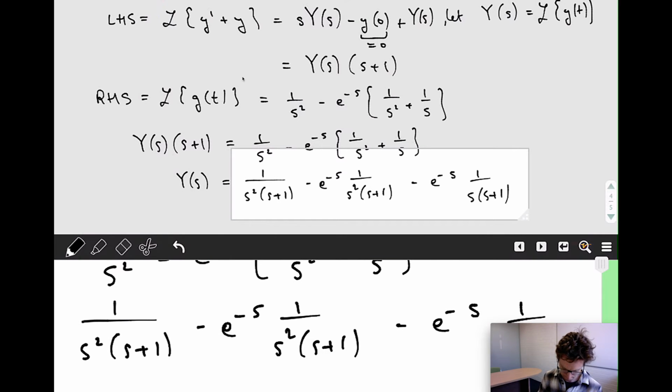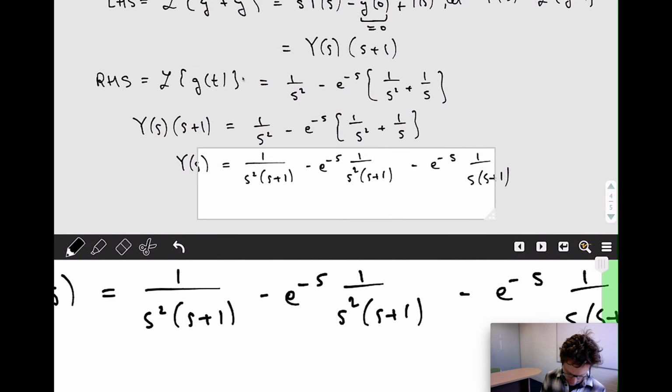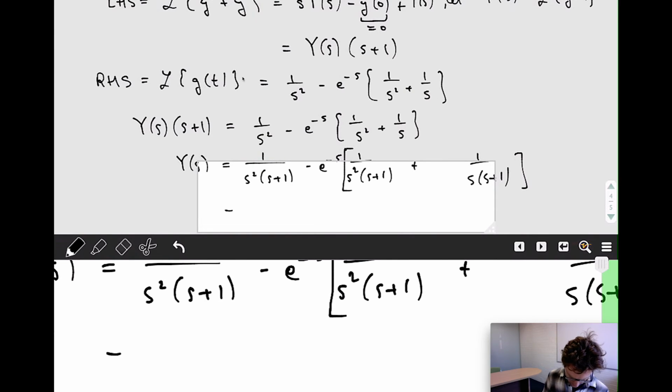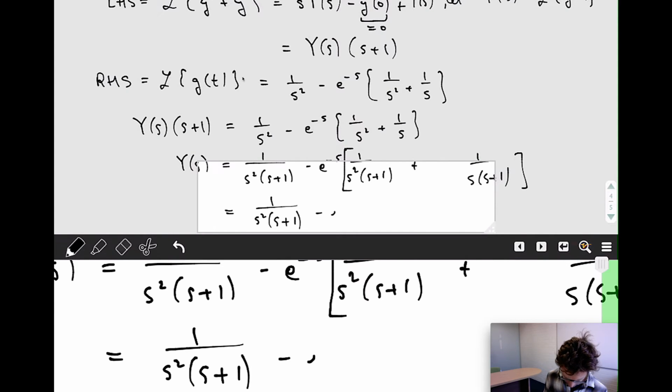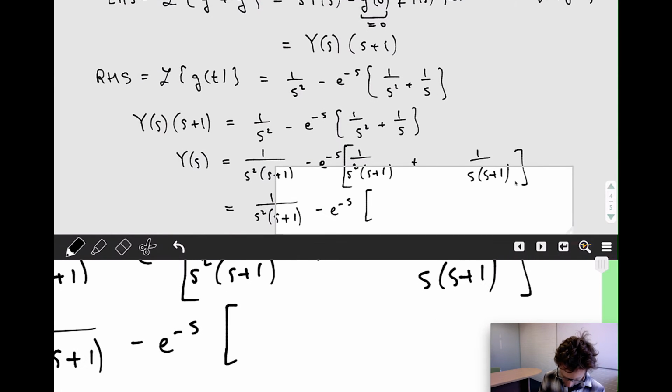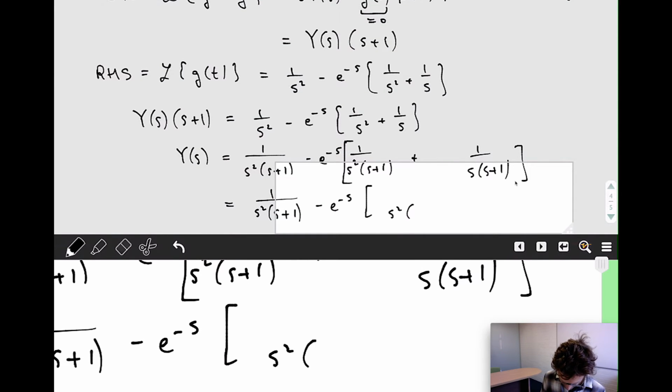Okay. Now let's put together those two terms that involve e to the minus s. In fact, let's take out the common factor of e to the minus s. That's a plus then. Let's see if we can put those two terms together and see if there's some cancellation. You can see that they both have this common factor of s times s plus 1, so let's put it all over s squared times s plus 1.